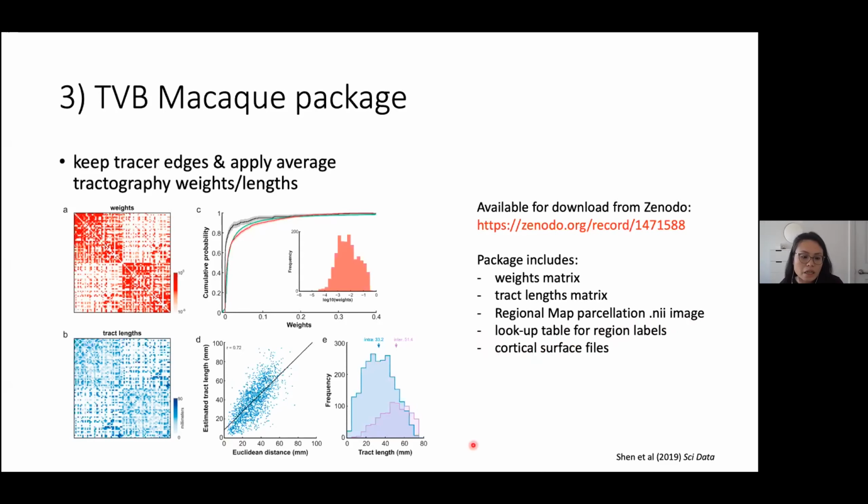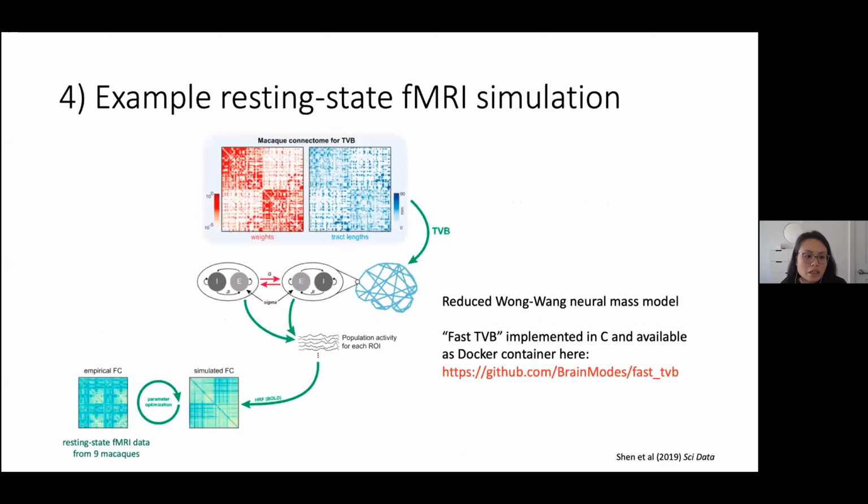Okay. So next I want to just show you very simply one of the example resting state fMRI simulations we've done with this TVB Macaque package. In this case, we applied a reduced Wong-Wang neural mass model to each node, and there are 82 nodes in this particular connectome.